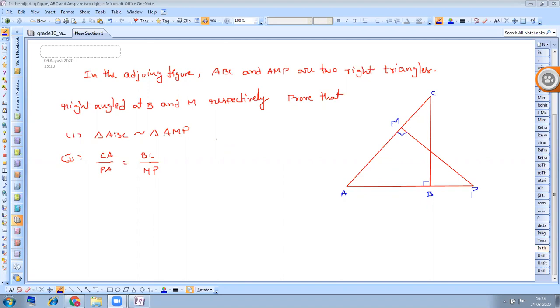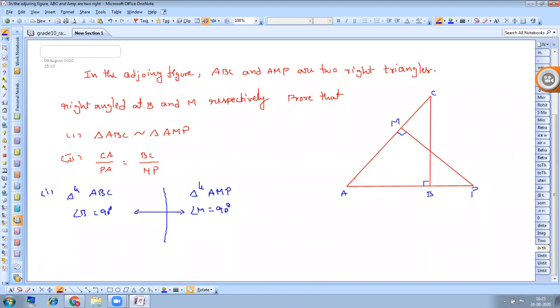From here I can use AA triangles. If I'm taking a triangle, I will see your solution also. See this, my solution; whether both are the same or not, we will see. From ABC, and here I am writing one more right angle triangle, AMP. Angle B is equal to 90 degrees, and similarly angle M is also 90 degrees.